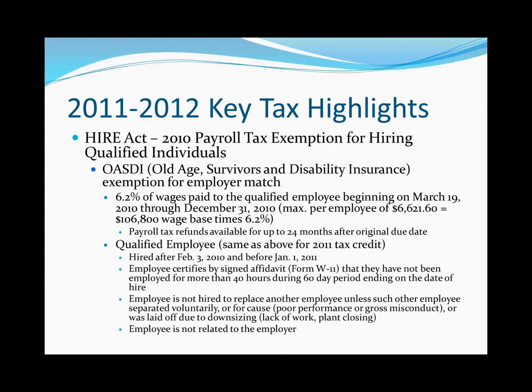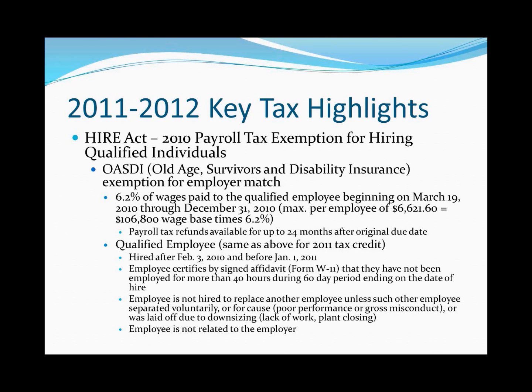So if the employee met those criteria, then the 6.2% wages that the employer has to pay, they didn't have to pay that for these specific employees during the period March 19th through December 31st, 2010. So if they were at the max wage base, that saved about $6,600 of employment tax.